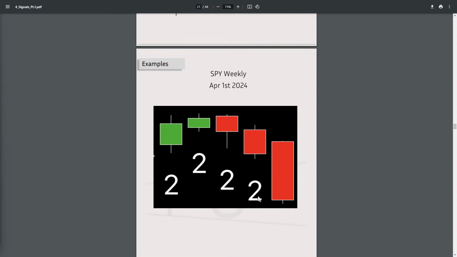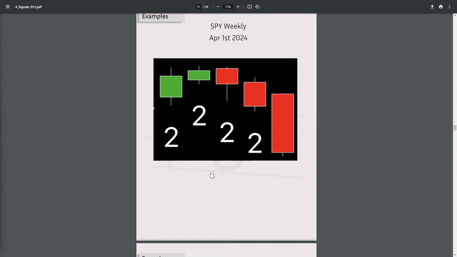So here you've got an example of a SPY weekly 2 up. This is not a conflicted 2 up, and it doesn't have to be. We just care about what's happening right now. So this is a 2 up. The next week we got a candle flip. Once we trade below the 2 up, that's where we're going short, and we're targeting down here, which it didn't hit target on the first week, but it did on the second week.